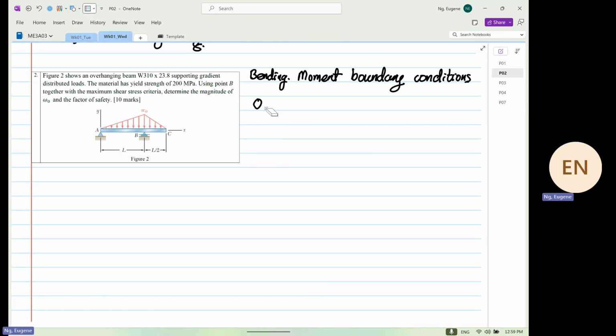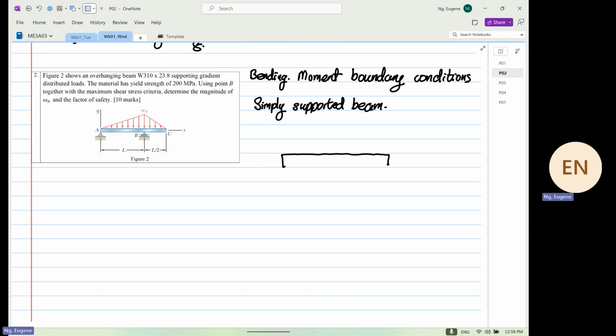Or let's do something simple. Let's look at simply supported. This is like a revision. I hope you all can recall most of this stuff. If not, don't worry. But I prefer you to recall them.